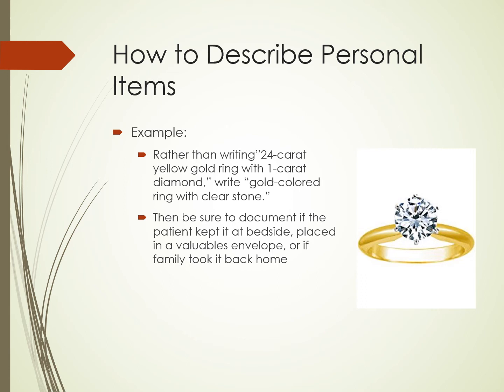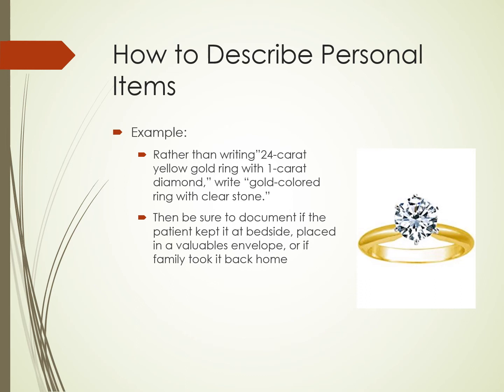You have to go by your objective findings, what you as the nurse can see with your senses and what you can state factually. And I can state that this is a gold color ring and a clear stone. You can't be sure that this is a yellow gold ring or a diamond or zirconium, etc.